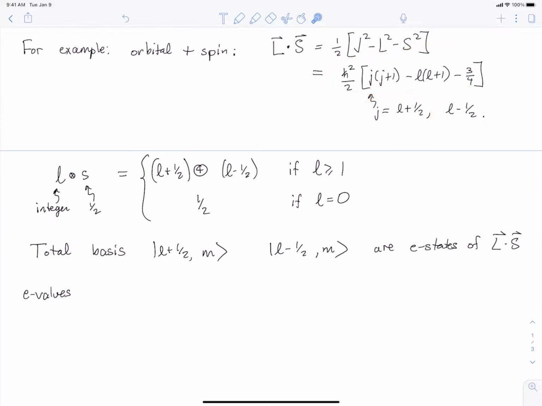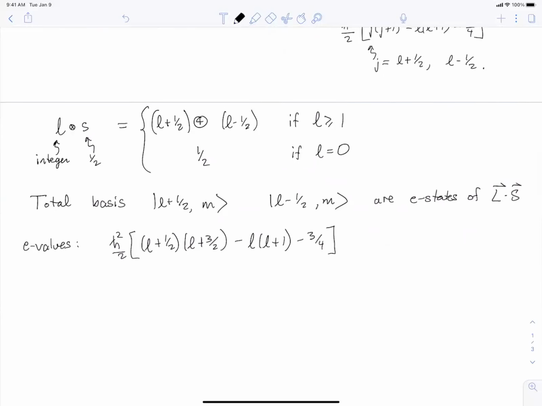Okay, and so the first possibility is ħ squared over 2 times (L plus 1/2)(L plus 3/2) for J, minus L(L plus 1) minus 3/4, but we don't want to leave it like that because that's not simplified. And so when you multiply all that stuff out, you get just ħ squared times L over 2.